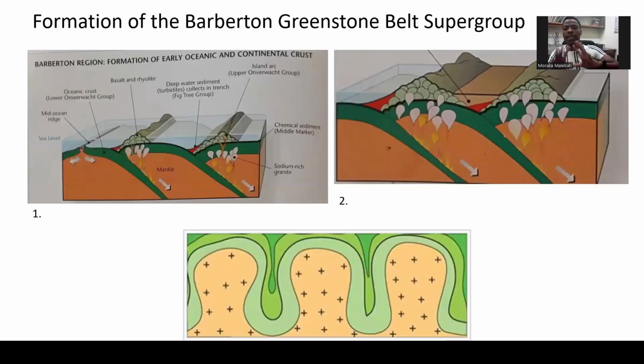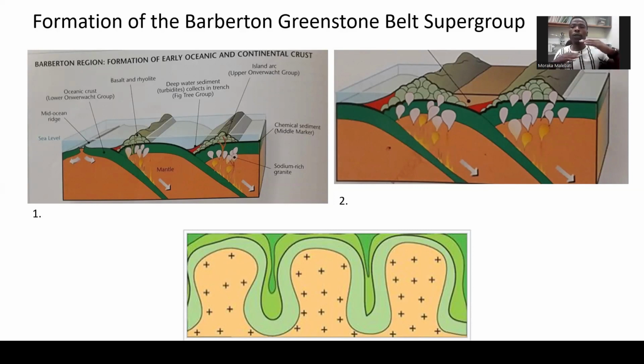Now these three pictures explain fully the formation of the Barberton Greenstone Belt. Remember, we said the Barberton supergroup comprises three groups: the Onverwacht, divided into lower Onverwacht and upper Onverwacht.